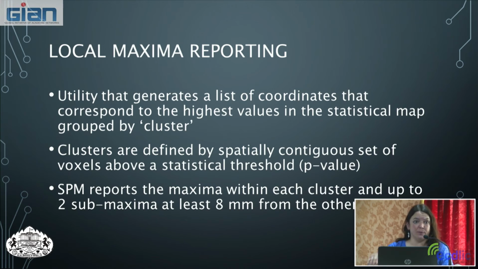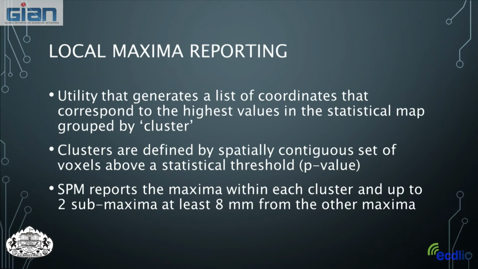So at a certain threshold, we can find a cluster. We can say this has a peak T value of maybe 4.5, and at a P value of 0.001, we see maybe 30 voxels that are active around this peak T value. So that's one way that we could report this.